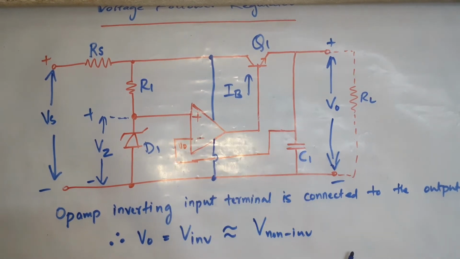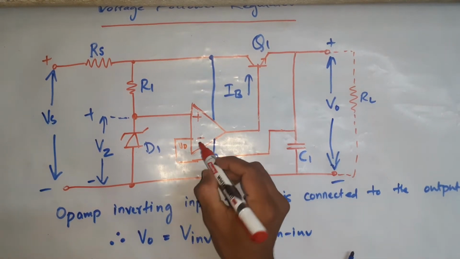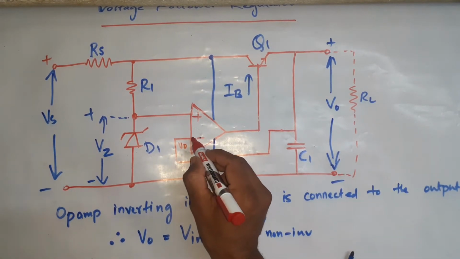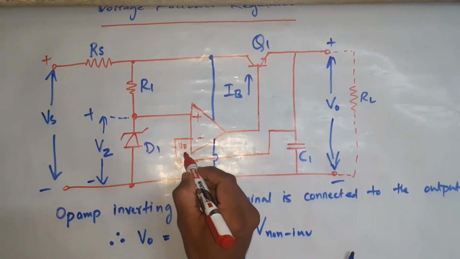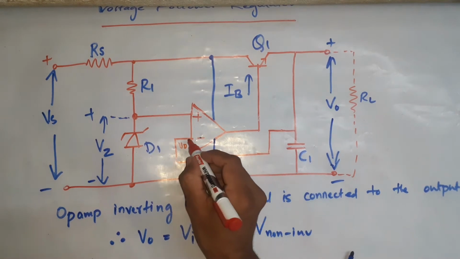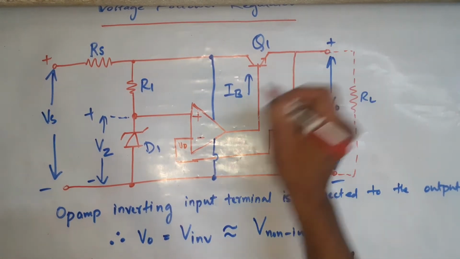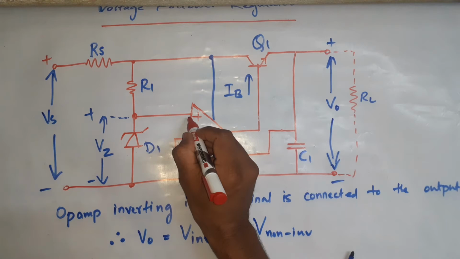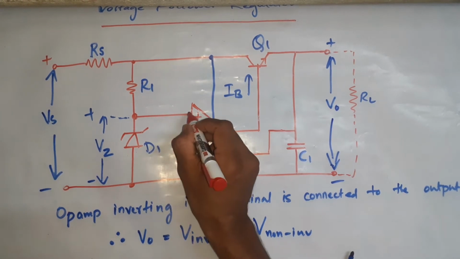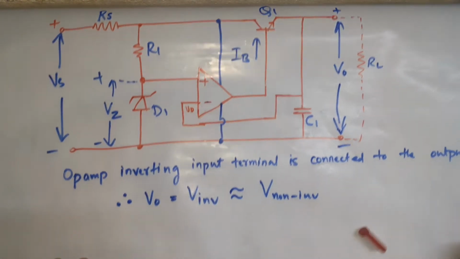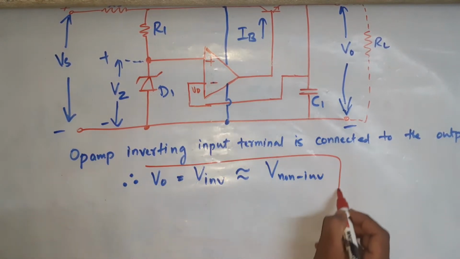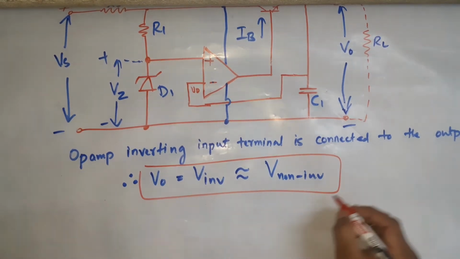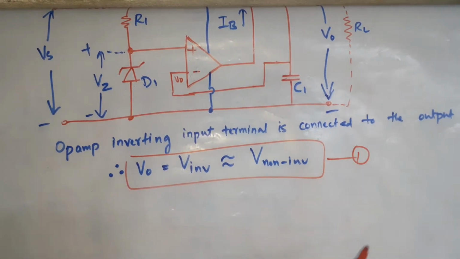This is from your virtual ground concept. What does it tell? The voltage you have here is the same voltage present on the other terminal, right? So if the voltage at this terminal is nothing but V0, then the voltage available here is also equal to this. With this conclusion, I can write this, isn't it? So let this be your equation 1.